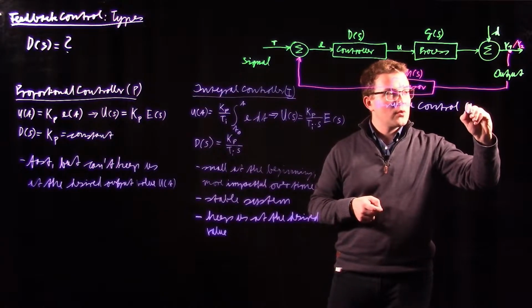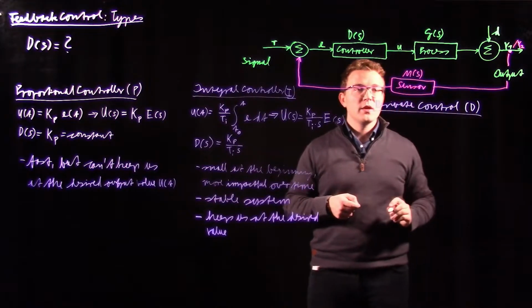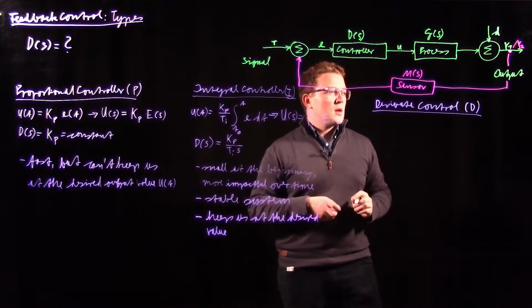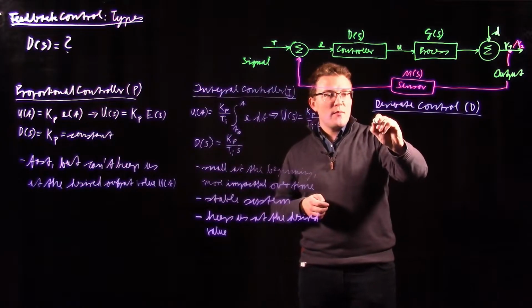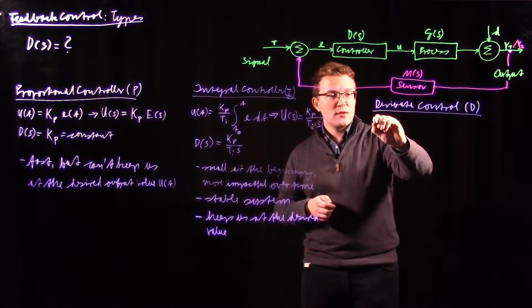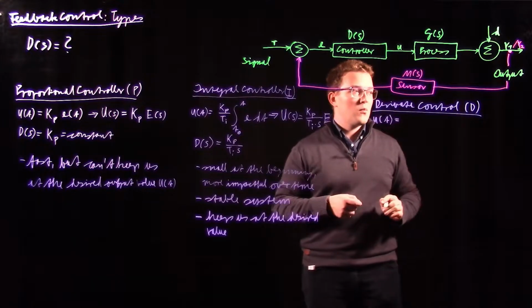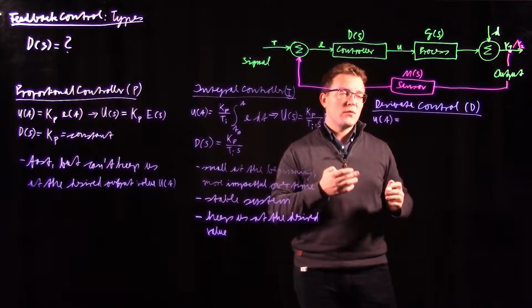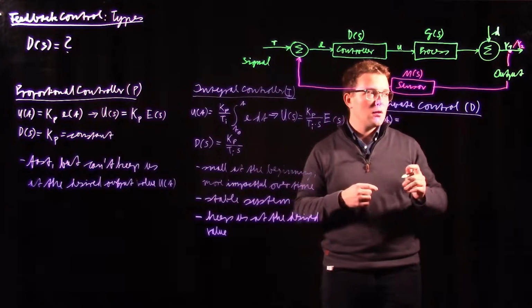The derivative control is most often called just by the letter D, and this type of control, as the name suggests, creates the output signal U from t through the derivation, and it also adds some kind of constant factor before that.